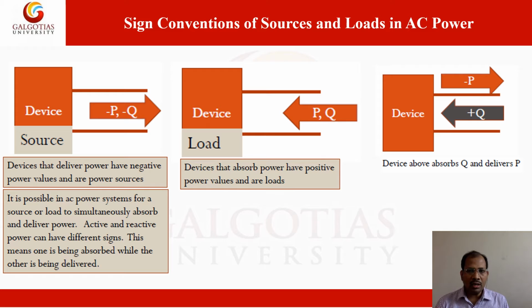For the generator we consider P and Q as negative; any power or device injecting into the particular bus is considered negative. If the power is taken from the bus, we consider it positive. Like that we consider these values.